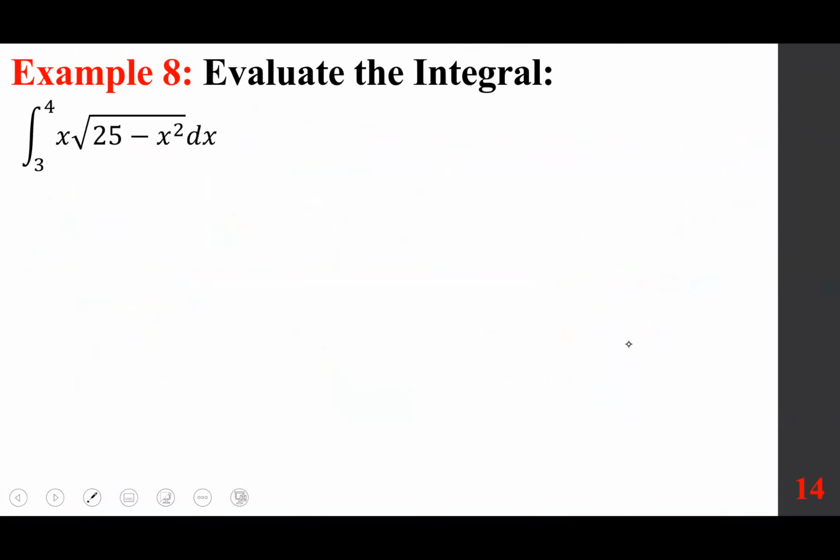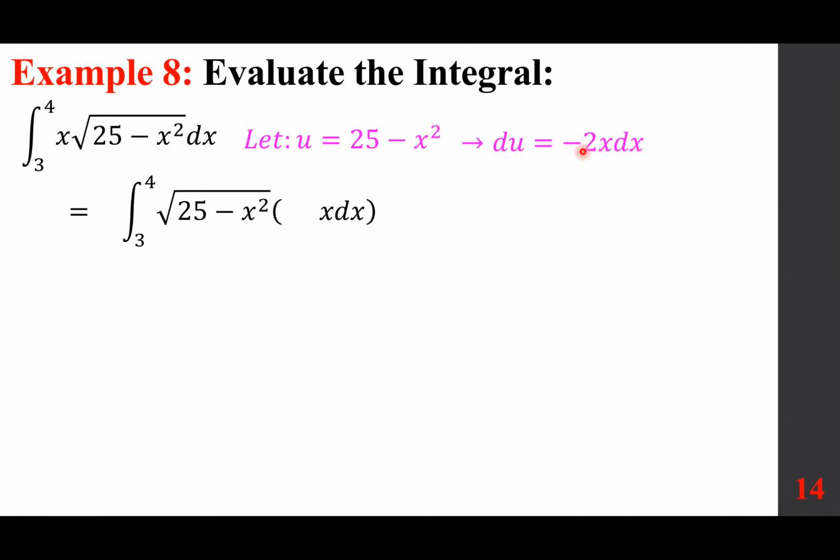Here's another example. Let's do the u substitution, and that means the more complicated function, in this case 25 minus x squared, is the choice of u. Du becomes minus 2x dx. And so I'm going to move the x next to dx, and we notice that minus 2 is missing. We can throw in minus 2, and then the reciprocal of that is negative 1/2.